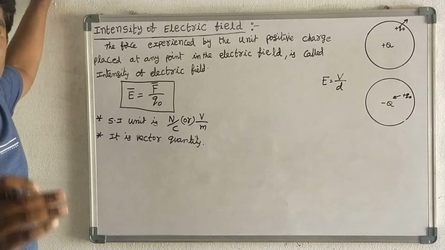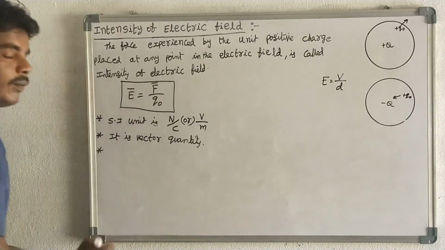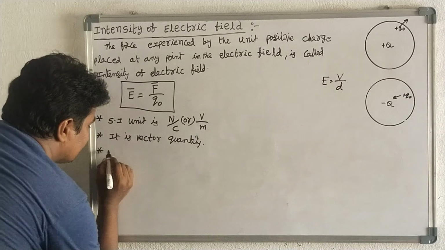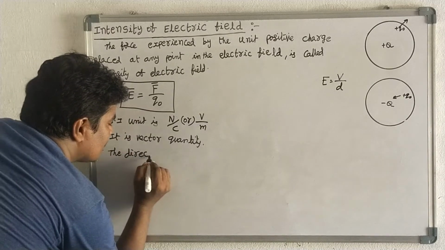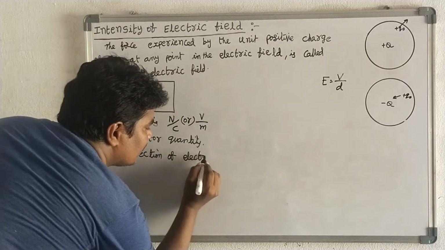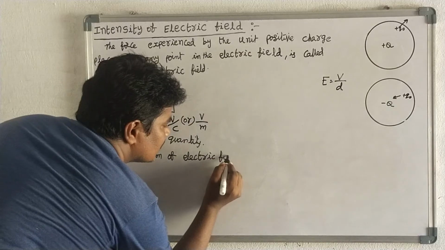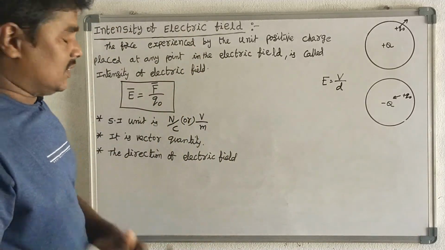Vector means it consists of some direction. So the direction of electric field. Intensity of electric field is simply called electric field.